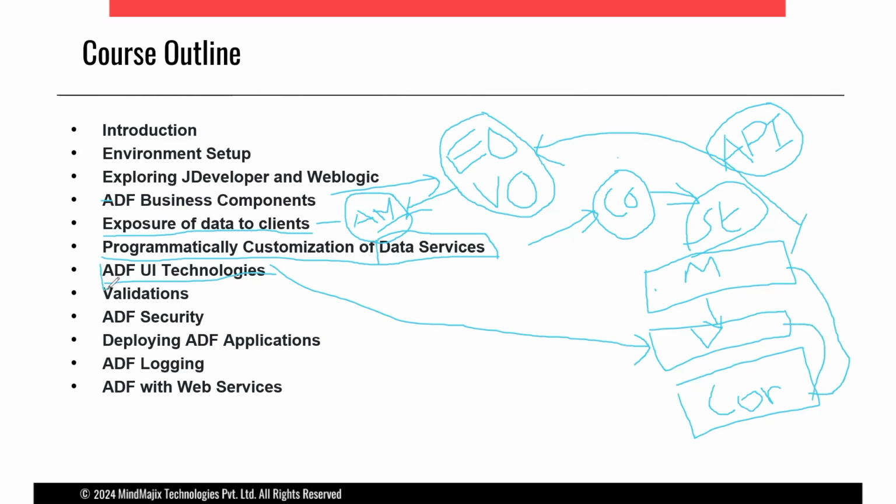To go deep into the UI technology, how we are going to create page templates and pages, those things are available in this ADF UI technology. Coming to validation, for example, one input text should only allow 9 characters and not go beyond that, so we use this kind of validation in ADF UIs.